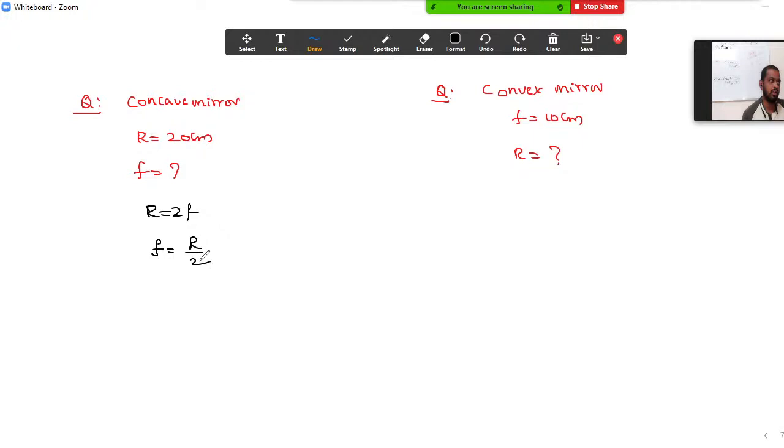Now the question is, what is the focal length of a plane mirror? Will you tell the answer? See, what we did previously, in order to find the focal length, we find normals. Suppose I draw the normals for the plane mirror.